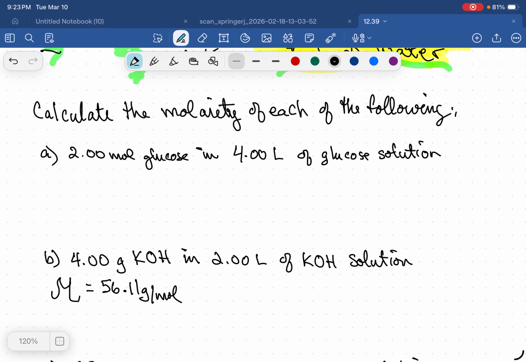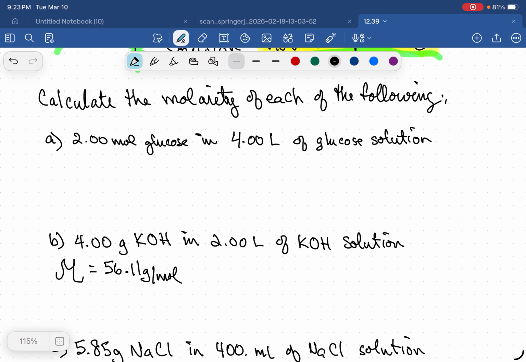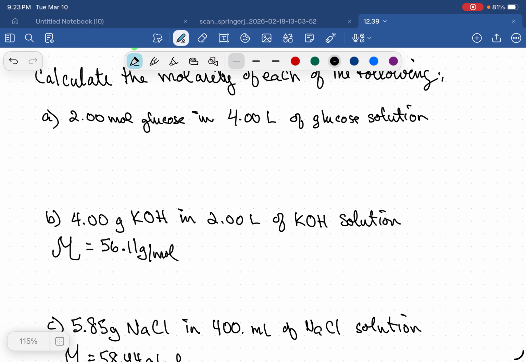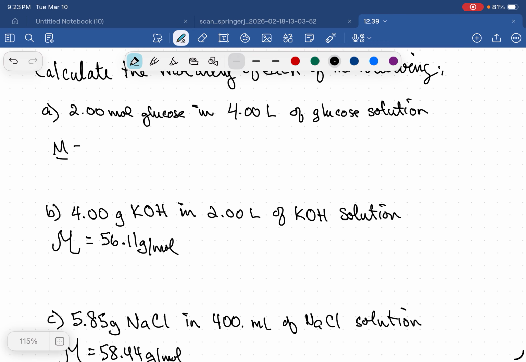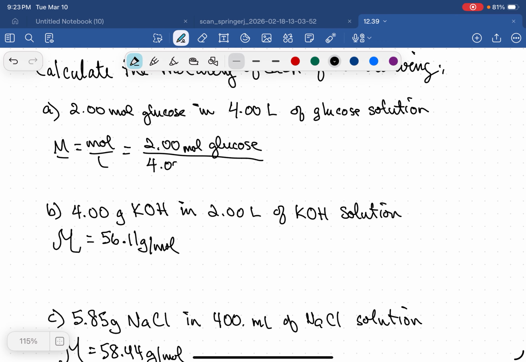So let's look at letter A. It says calculate the molarity of each of the following. Letter A is 2 moles of glucose in 4 liters of glucose solution. So this is very simple. Molarity equals moles over liters. So we got 2 moles of glucose in 4 liters of solution.